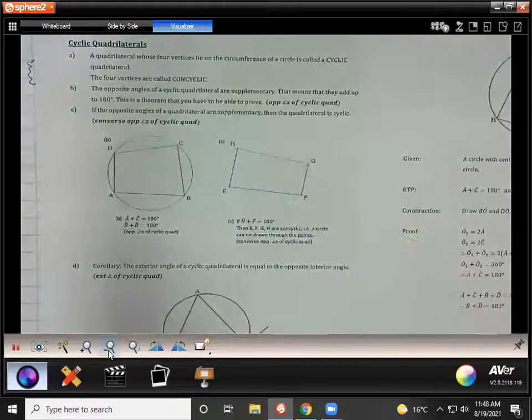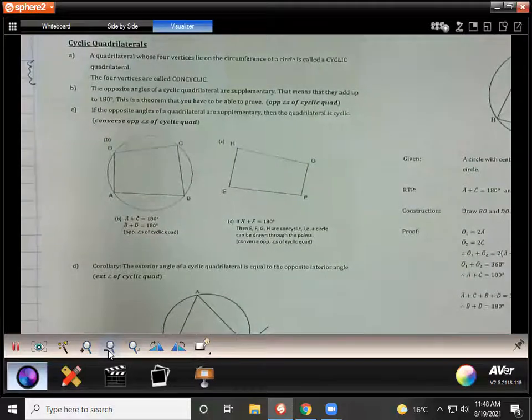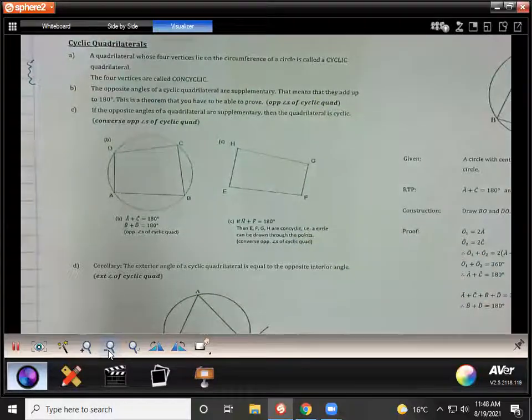You can try and draw it in if you want, but it is quite difficult. It's also not always drawn to scale, so you might not always be able to draw in a proper circle. But we will get to that. That is what I'm saying, whether the circle is drawn or not. It might still be a cyclic quad, even if there isn't a circle there.